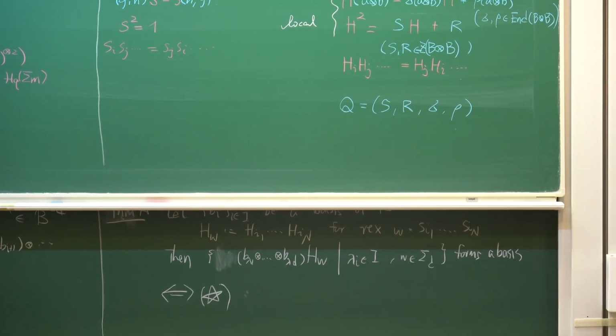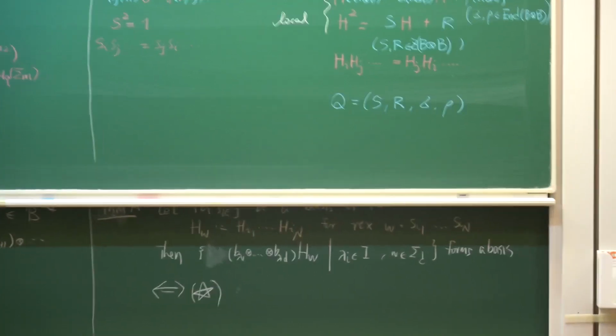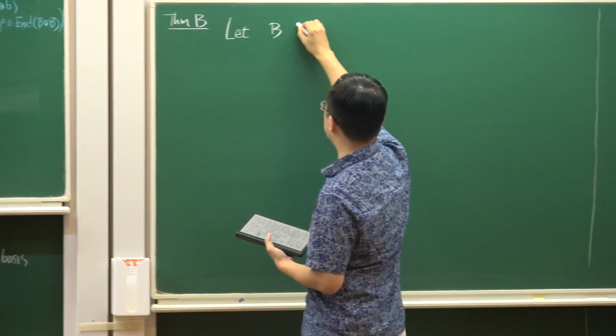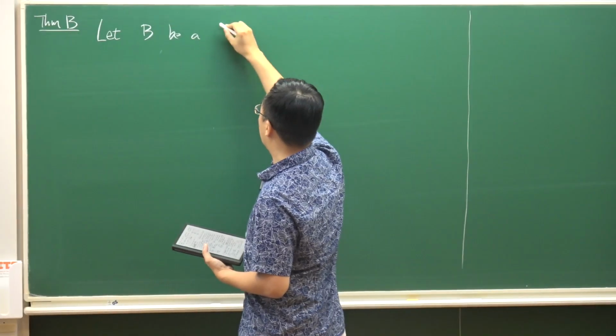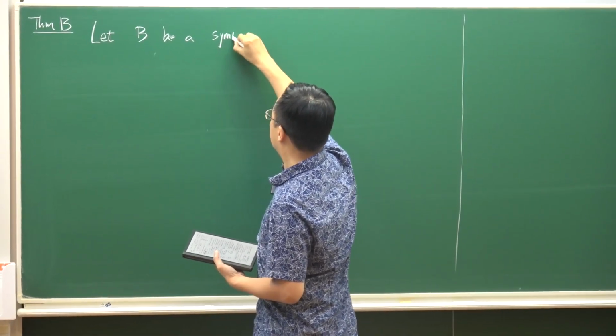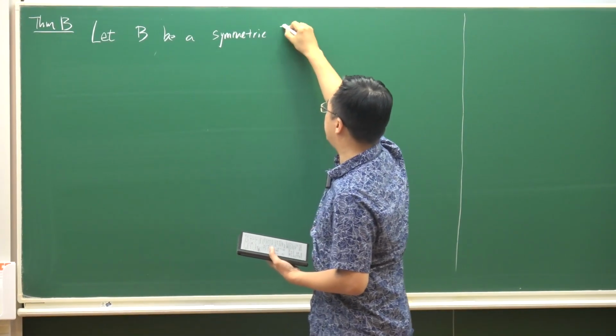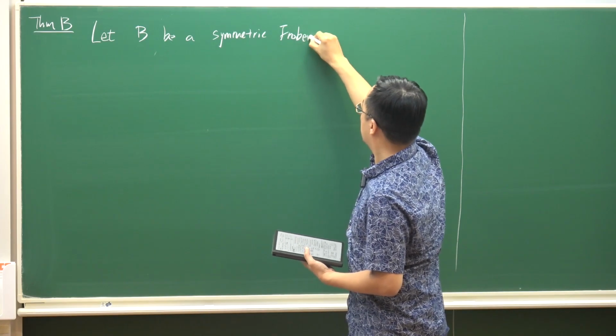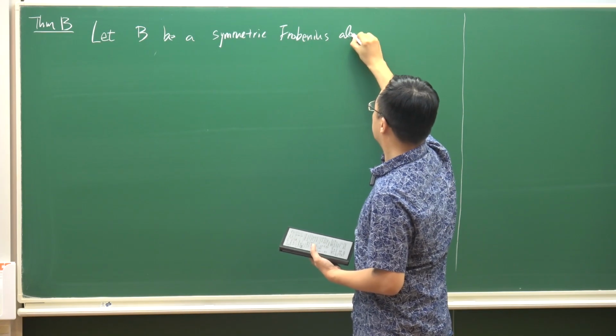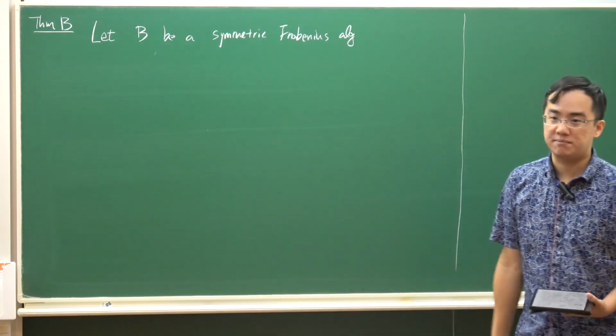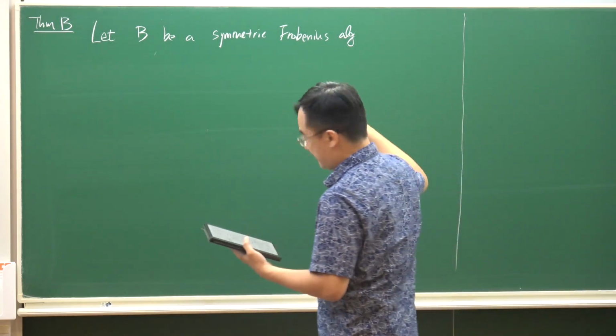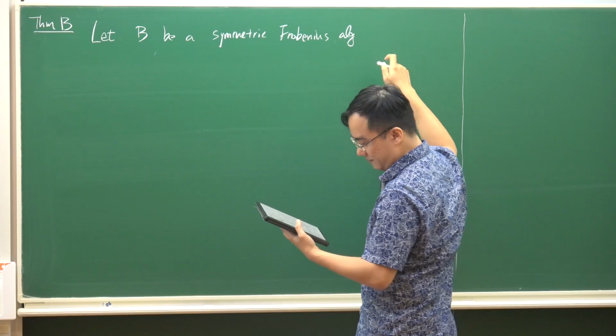So let me be very vague. We now need B to be a symmetric Frobenius algebra, which means it has a trace map that induces a Frobenius bilinear form.